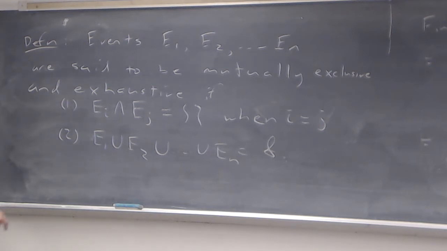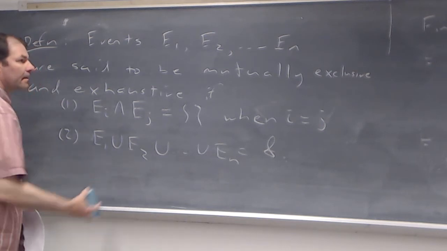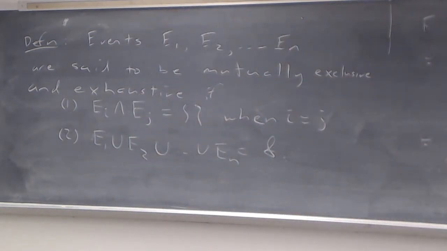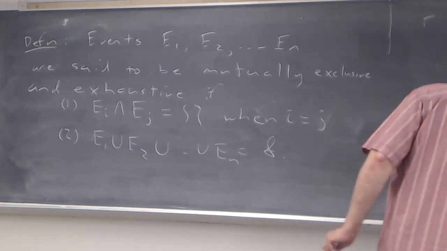Okay. And so what I want to list next is something called the total law of probability. Some people call it that.